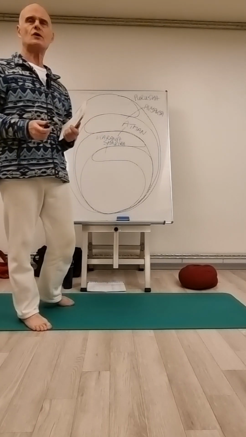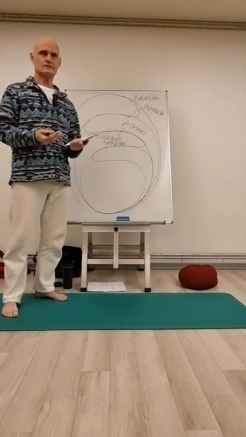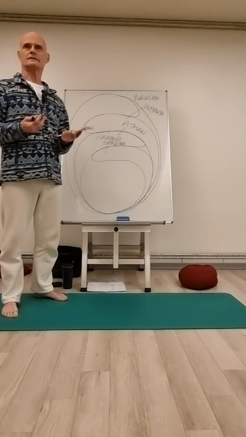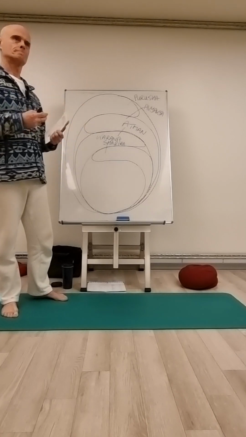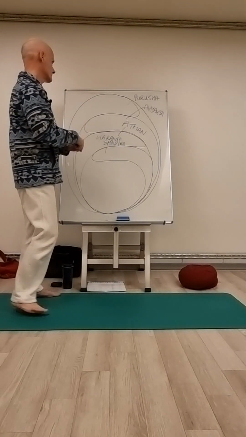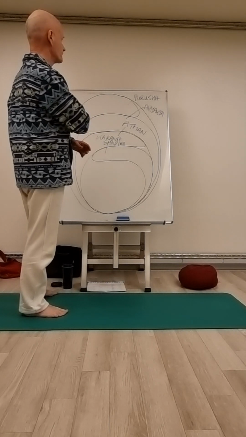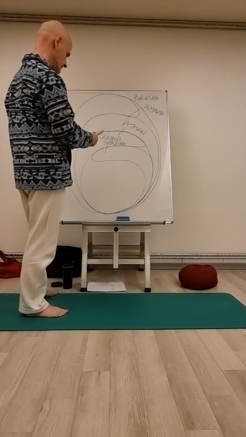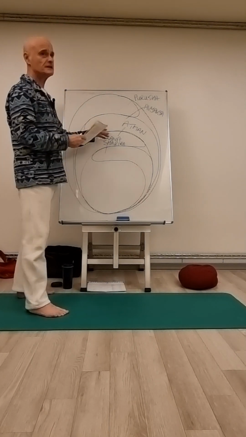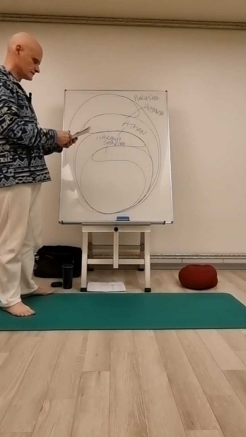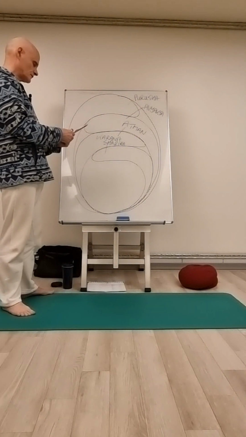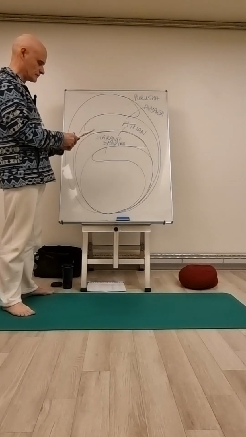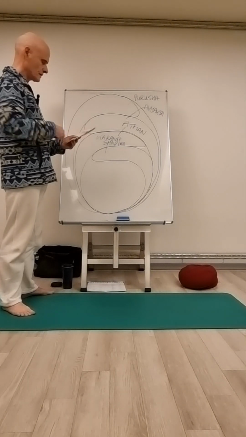Why is it called the causal body? It is the cause of who we are, to put it very simply. So Karana Sharira is the crown chakra, still outside of the boundaries of our body, above our head, so to speak.